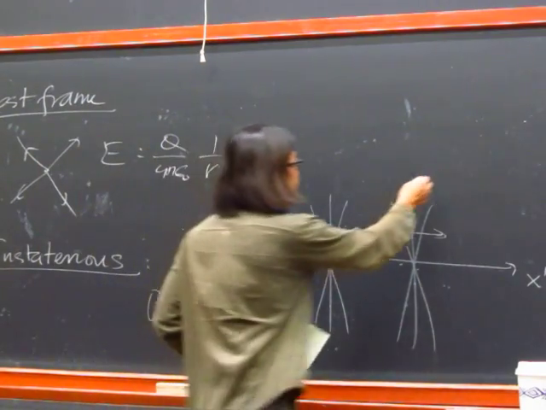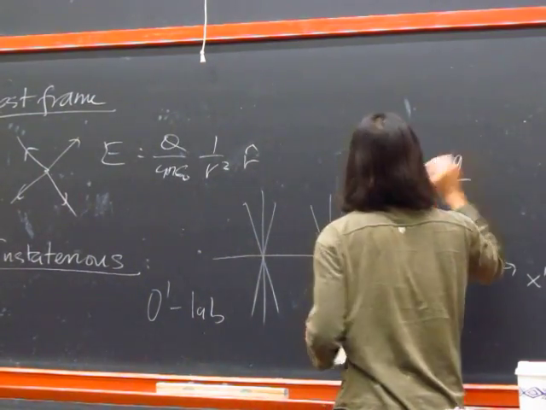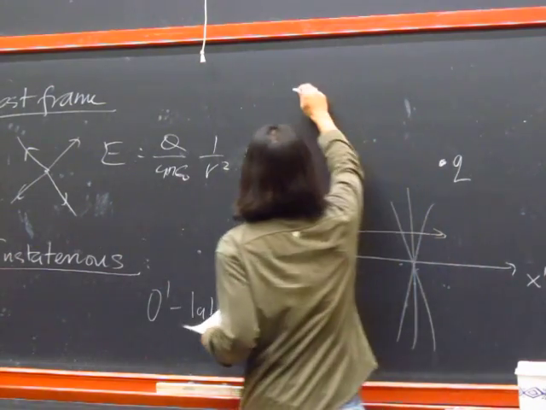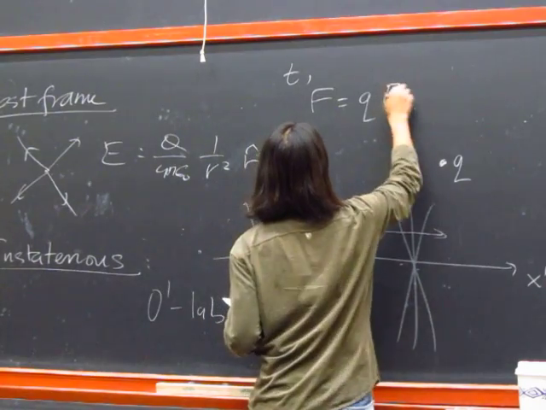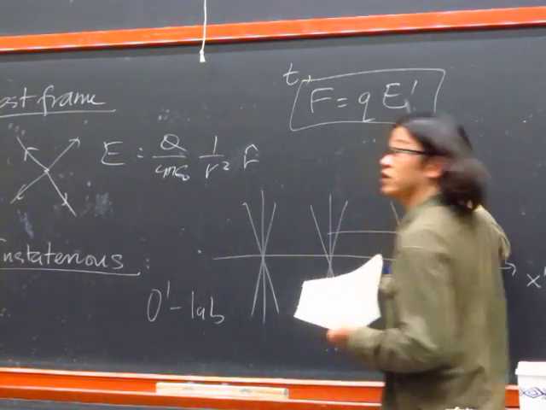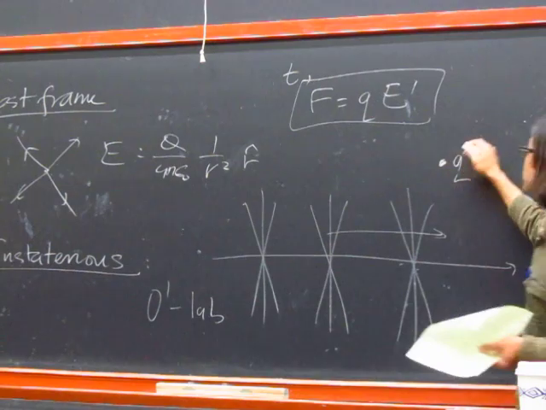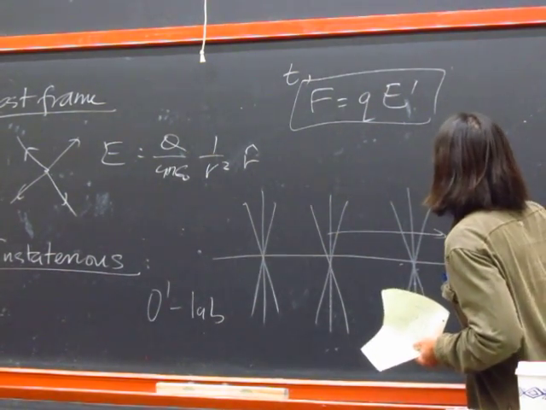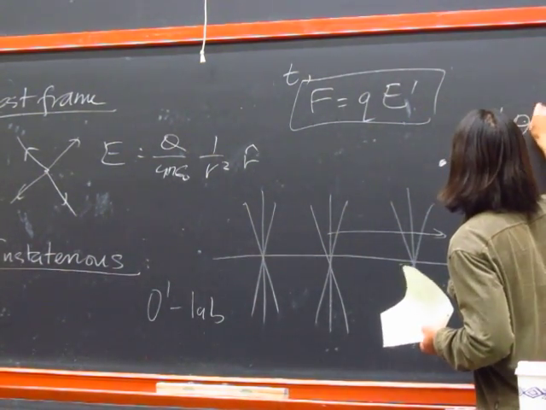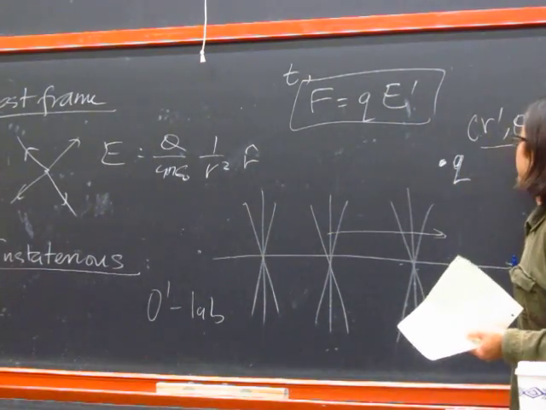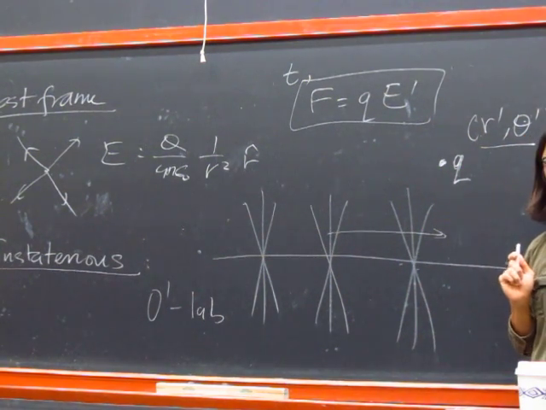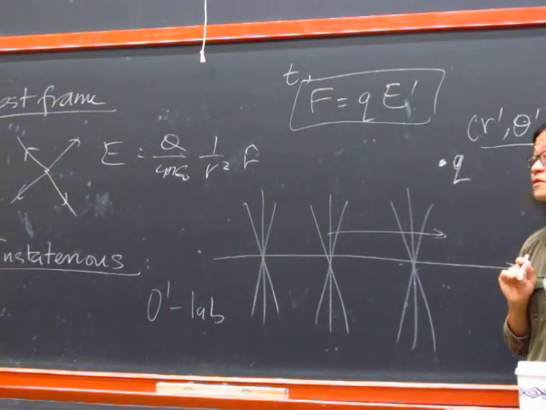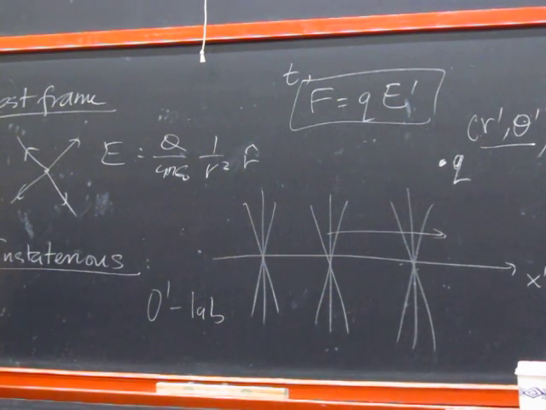And if I put a charged particle Q, right, at that particular time t, then the force on that charge is just Q times E, wherever the charge is. Okay. These charges have position r prime, theta prime. You calculate r prime, theta prime, and you calculate the electric field, and then you can calculate the force. Okay.